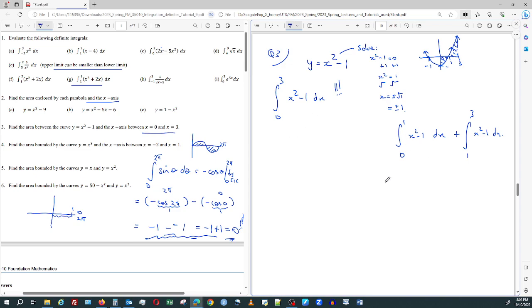So this one here is going to be up and under, and where before there was no x, there is now, between 0 and 1. We'll plus it, if you like. And this one here will be the same, which is that it'll be x cubed on 3 minus x between 1 and 3 by FTC.